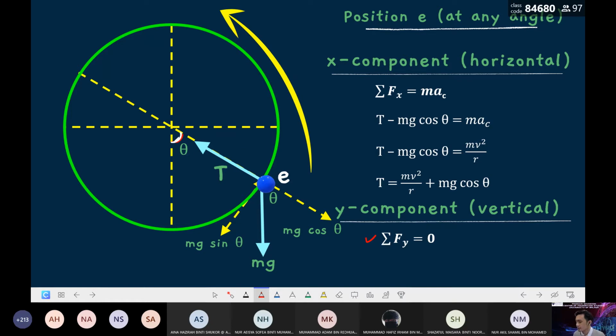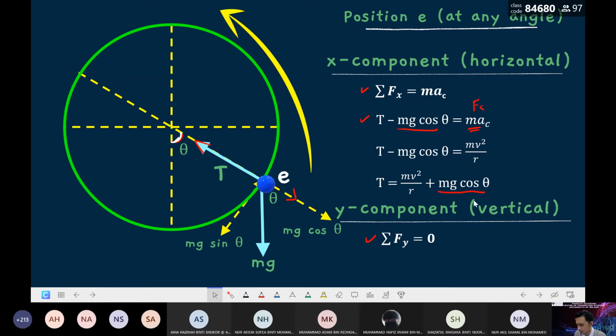And it only provides the x component, which is the summation of the x components. We do have tension that points to the center, and it is in the same direction as the centripetal force. We need to minus the mg cos theta, since mg cos theta is directed opposite to the tension.